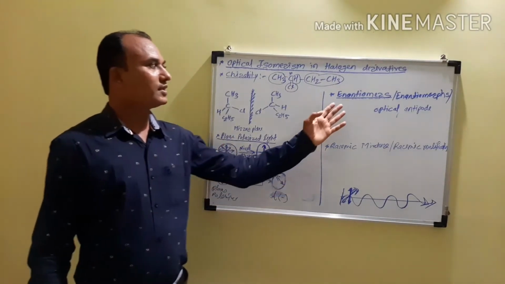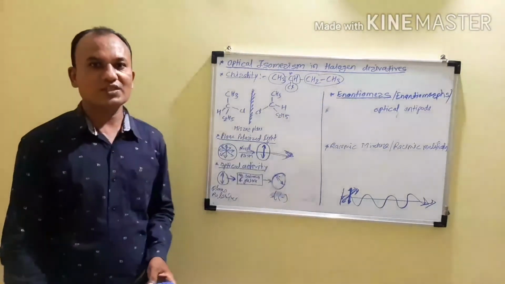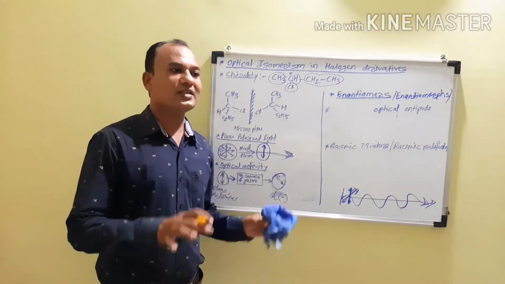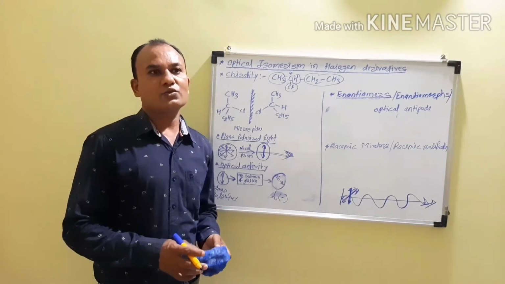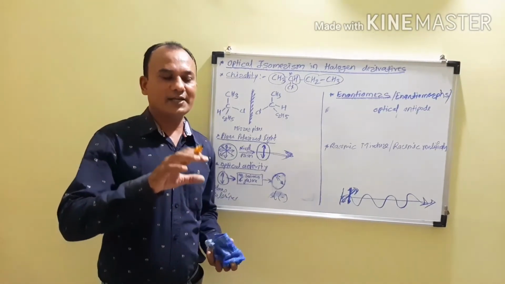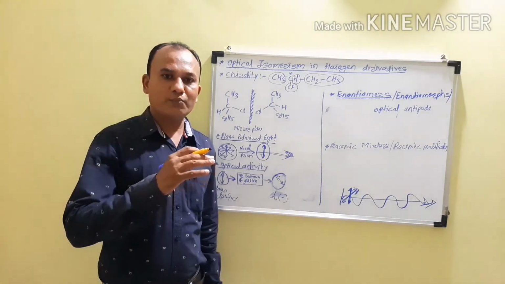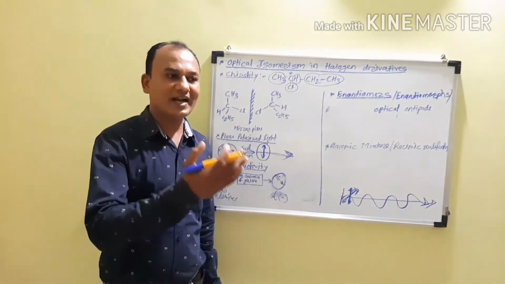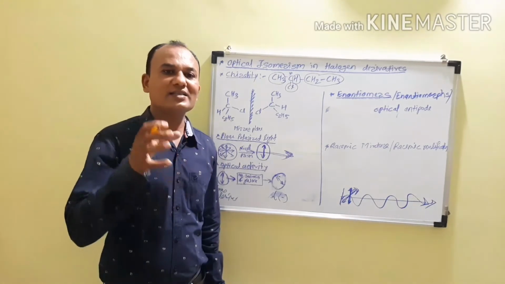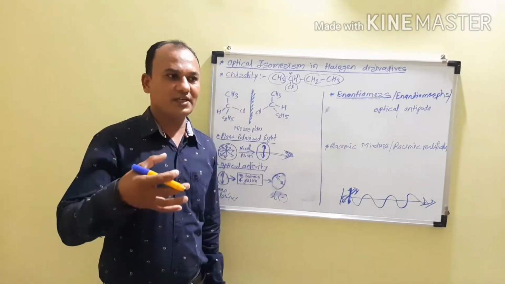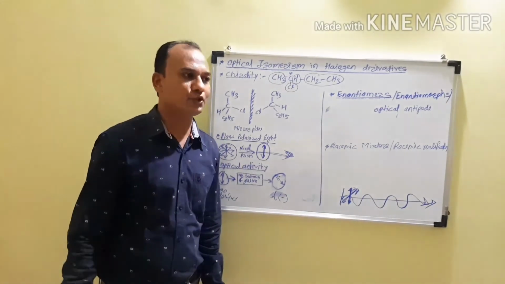Now next we have to consider the enantiomers. These are the optical isomers. The molecules or isomers which rotate the plane of plane polarized light towards the right or towards the left by the same angle but in the opposite direction are called the enantiomers.